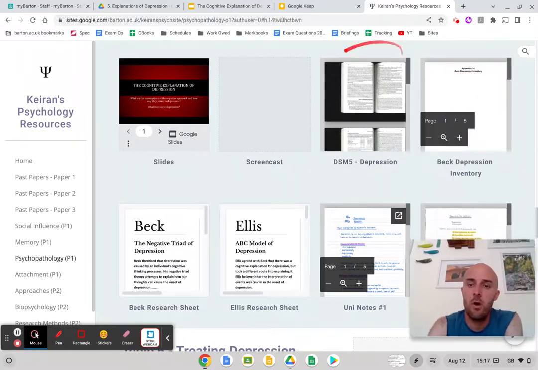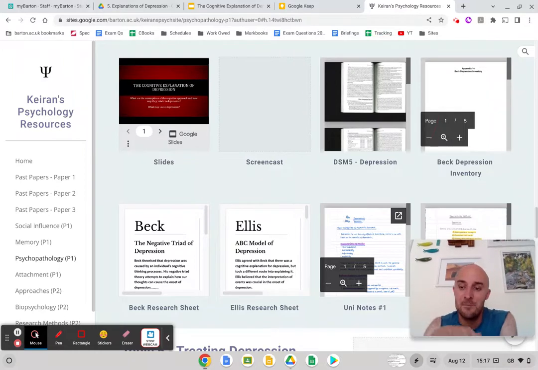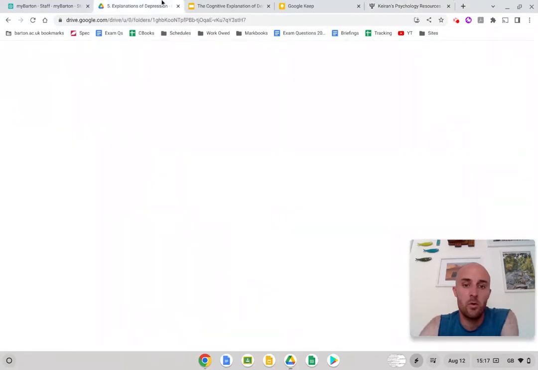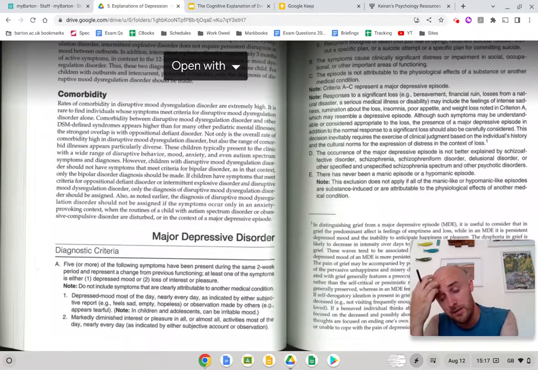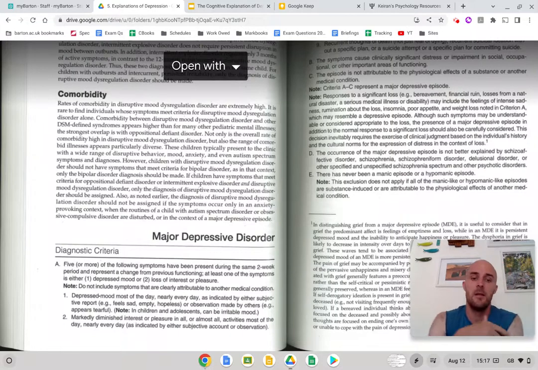But what I did want to start off with is just looking at what the DSM actually says depression is. So I've got this ready already. What we have here is the DSM's classification of what's called major depressive disorder. This is what we think of as depression. In my day, it used to be called unipolar depression, and then you had bipolar.